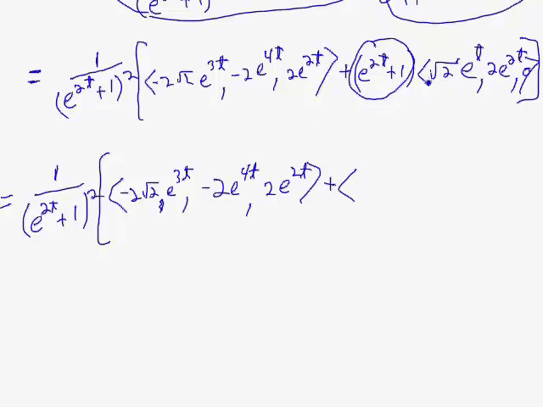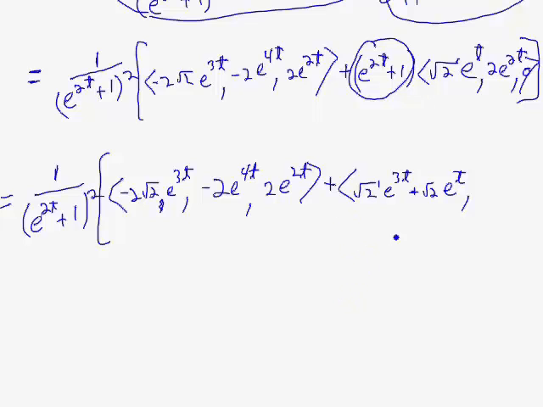Now think about it. Once I multiply this times the first component, I actually have to distribute the square root of 2 e to the t to the e to the 2t plus the 1. So that gives me square root 2 e to the 3t plus square root 2 e to the t for the first component.